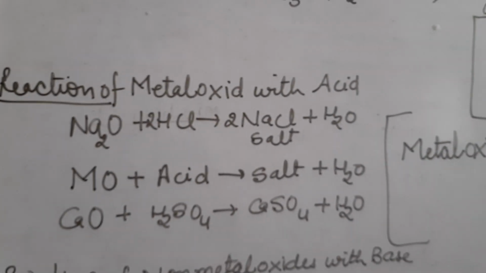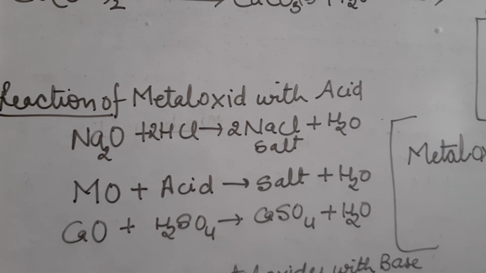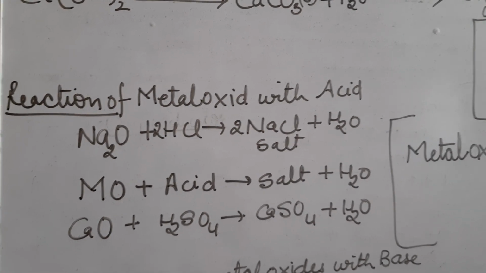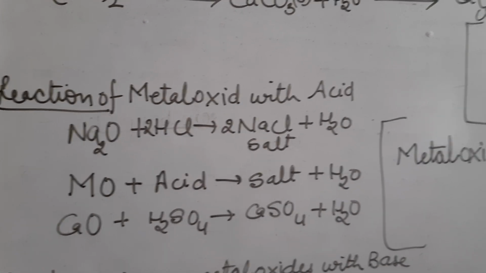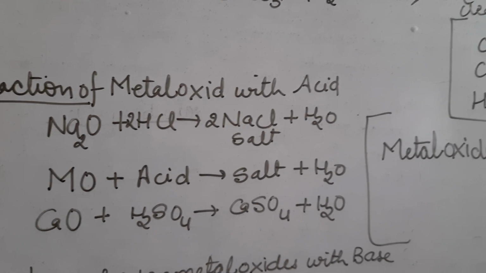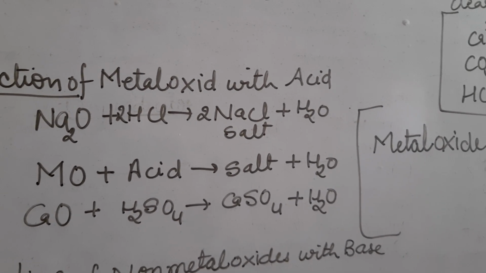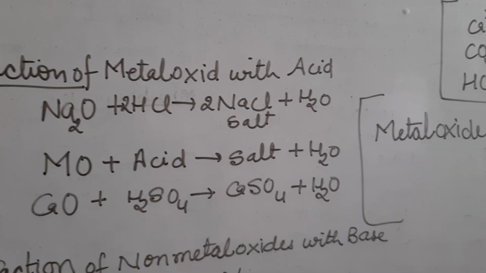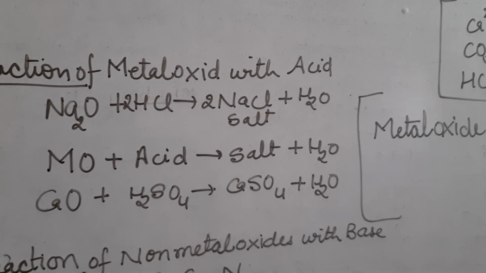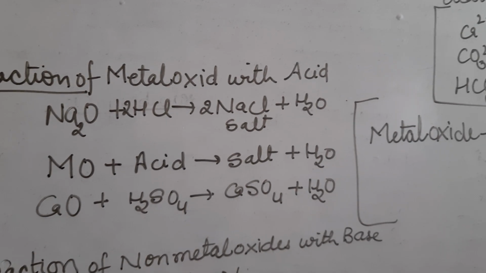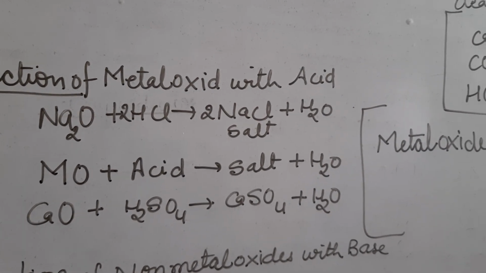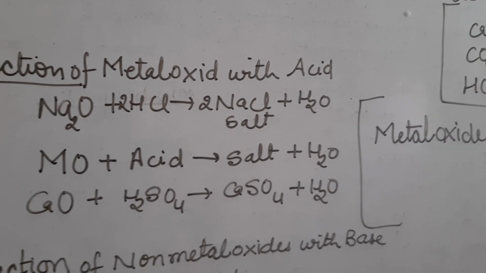So this is your reaction of metal oxide with acid. Always remember that metal oxides are basic in nature because when they react with water they form a base, and a base reacts with acid to form salt and water.